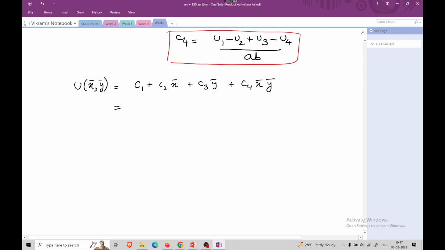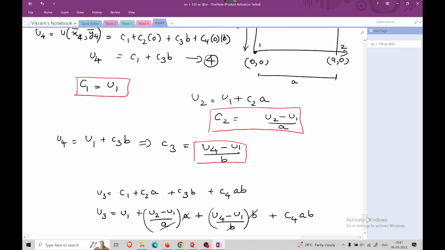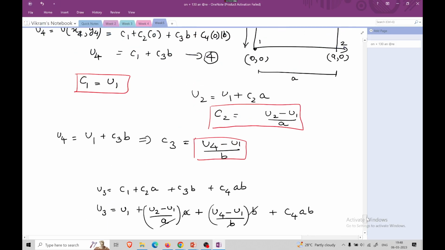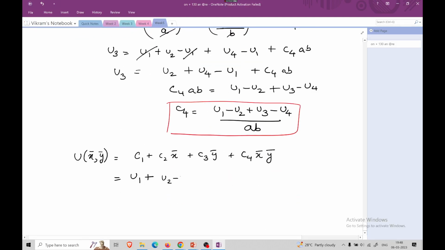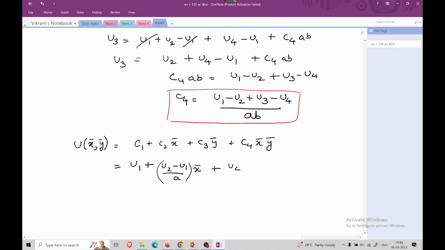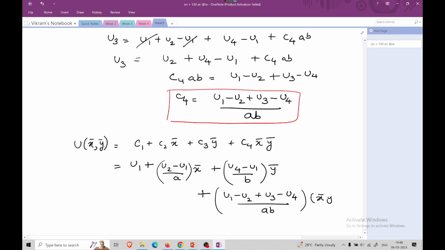So c1 was u1, c2 was u2 minus u1 by a, c3 was u4 minus u1 by b, c4 was u1 minus u2 plus u3 minus u4 by ab, into x bar y bar.